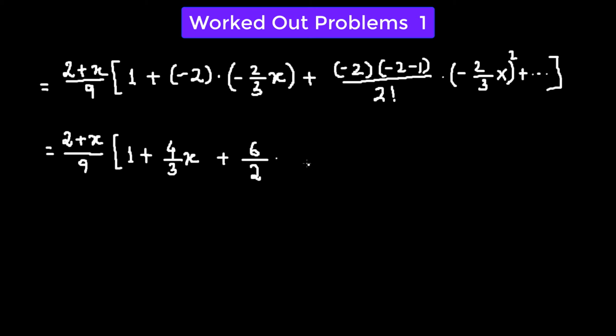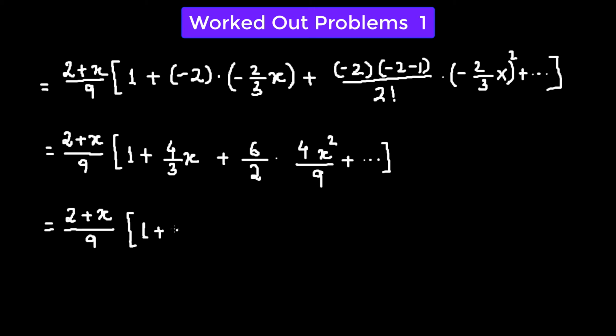Then we have negative 2 squared, which will give us 4 times x squared divided by 9, plus the remaining terms. And this will become 2 plus x divided by 9 times 1 plus 4 over 3 times x.